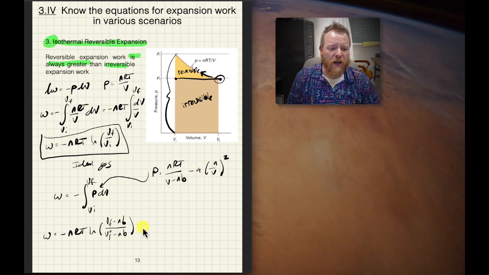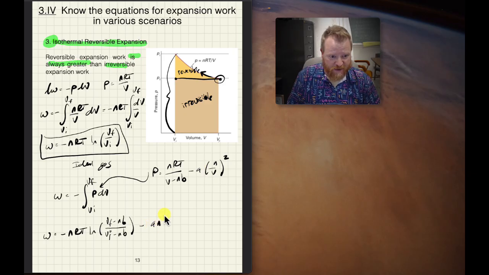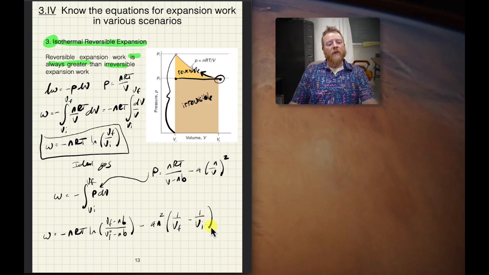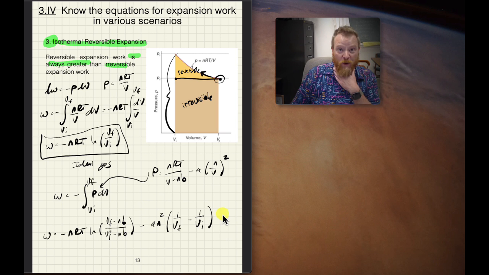And then there's this other chunk that needs to be integrated, and that ends up becoming minus a, n is a constant, so that comes out in front, and 1 over V squared evaluated from V initial to V final just becomes 1 over VF minus 1 over VI. And units are important with this thing, people.